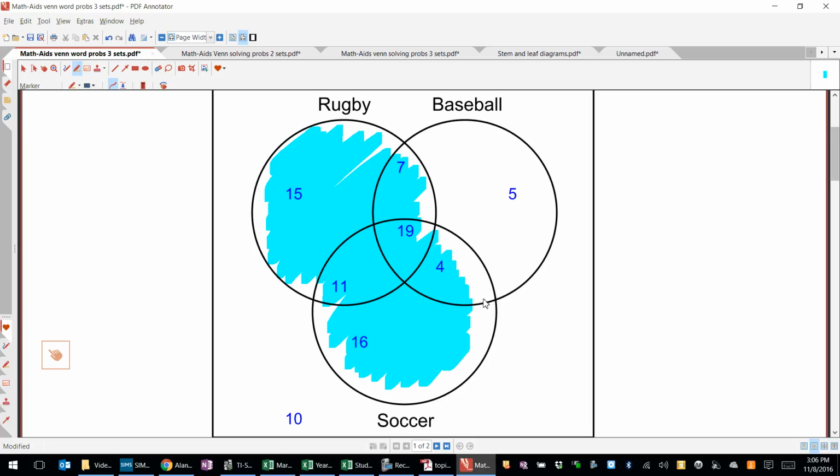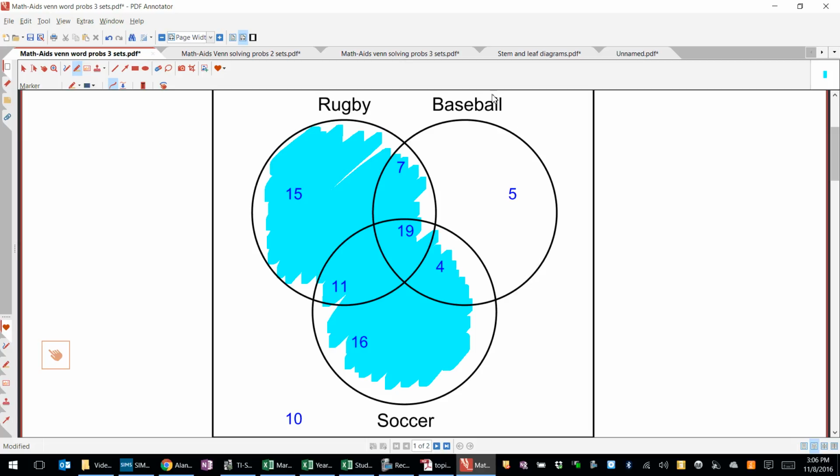Can you explain why you let me do it? Why I did include those three? As I said, because if I consider rugby or soccer, I could almost forget that this circle even exists.